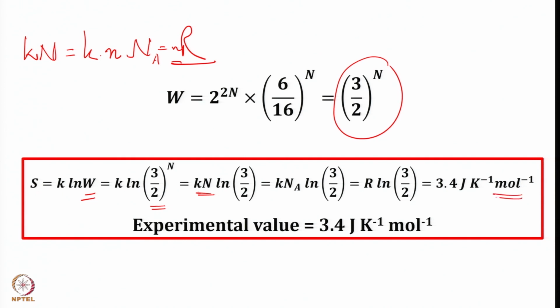You see, per mole, when you substitute n equal to 1 from this value of statistical weight, S is equal to K log W, and substitution gives you a residual entropy of water as 3.4 joules per Kelvin per mole.